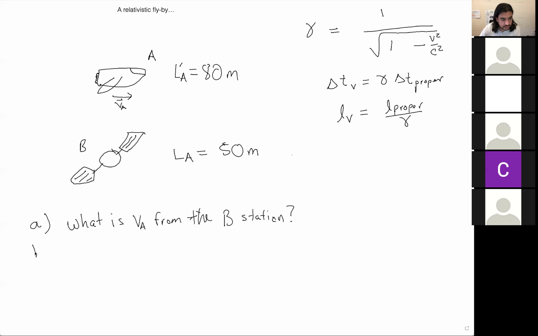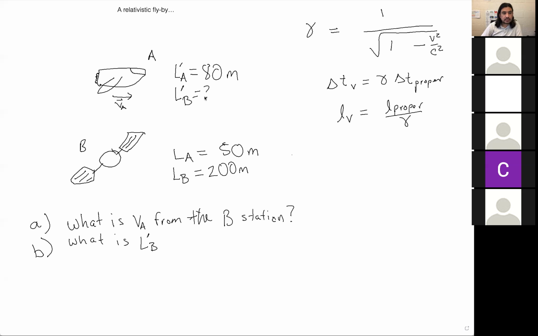So the second question is, from the point of view of the crew, the length of the space station is 200 meters. When doing the flyby, what is, in that frame of reference, this length that they measured? Okay, go for it.